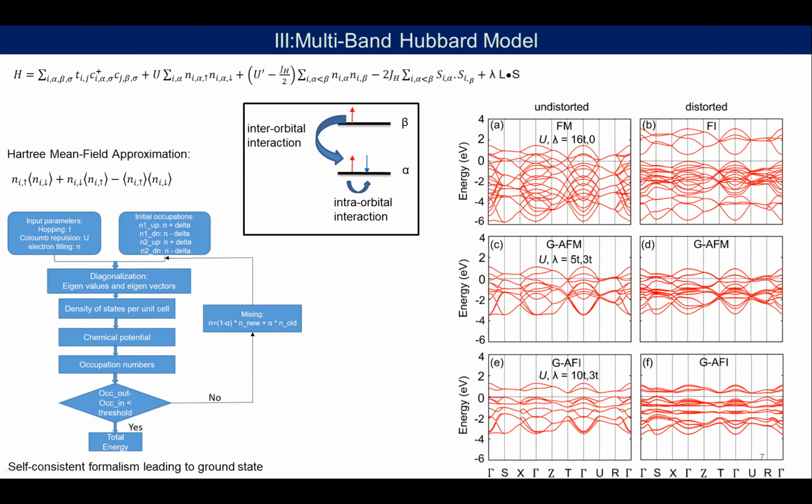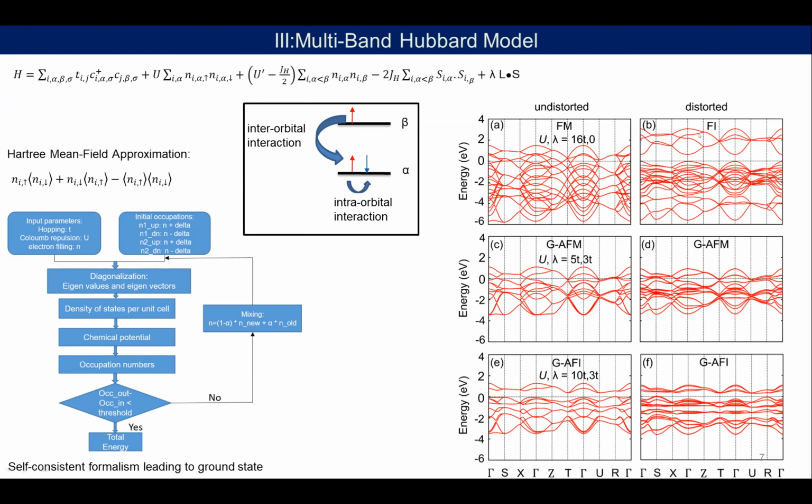As we can see, without spin orbit coupling, the system shows a ferromagnetic metal phase, while as the strength of U decreases and we put in a very small spin orbit coupling strength, the ferromagnetic phase transforms to a G-type antiferromagnetic phase. And further, as the strength of U increases from 5T to 10T, where T is the energy scale, as I explained, 0.38 electron volt, the G-type AFM phase transforms to a G-type antiferromagnetic insulator phase.